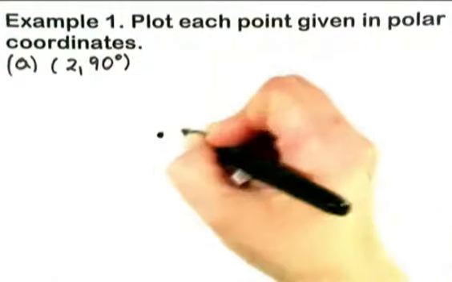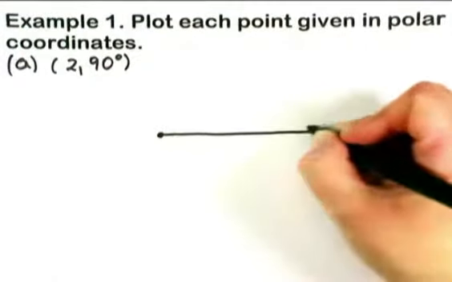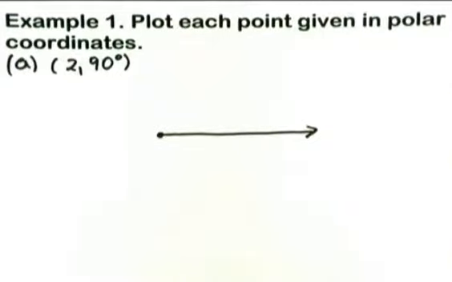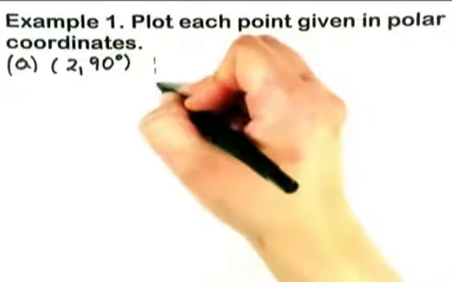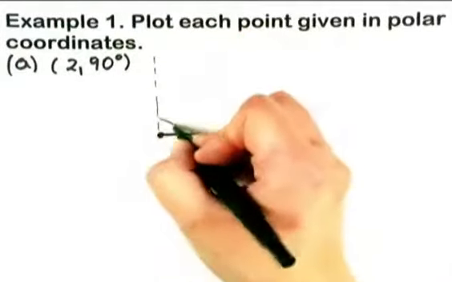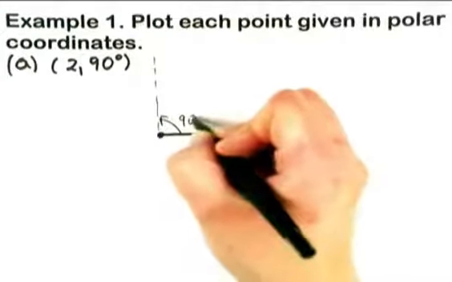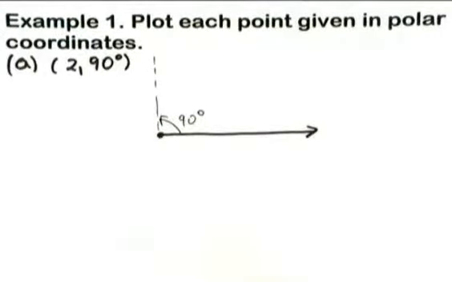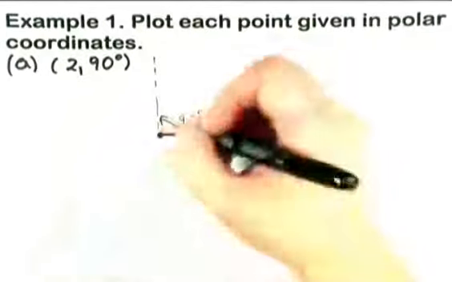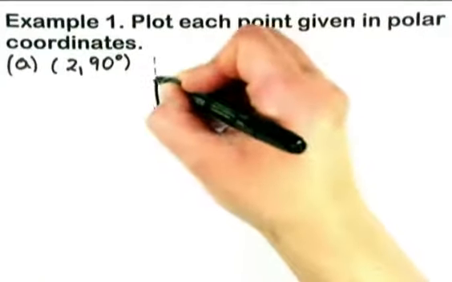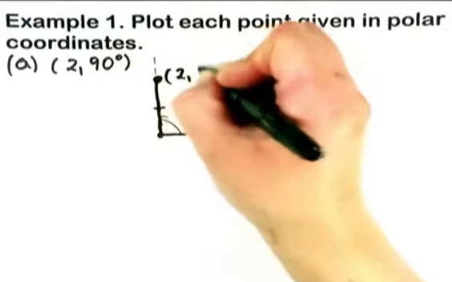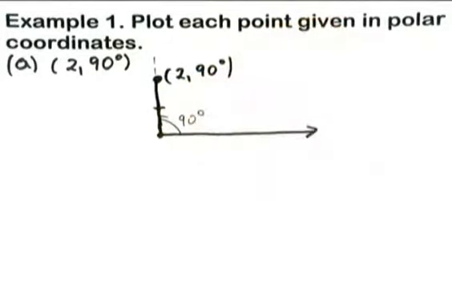So we need to have a pole, polar axis, and then we need to measure a 90 degree angle. 90 degree angle from here is right here. And we take 2 units from the pole. The distance of 2 units, 1 and another 2. Here is my point that has 2 and 90 degrees polar coordinates.